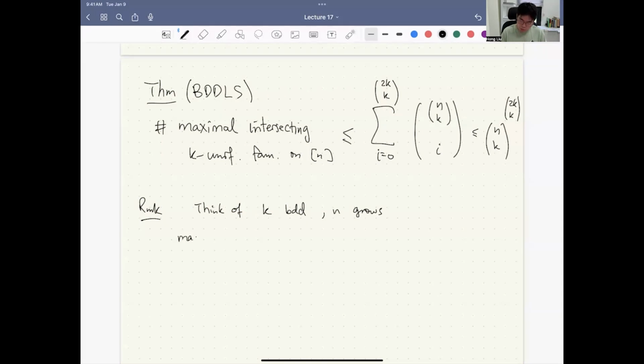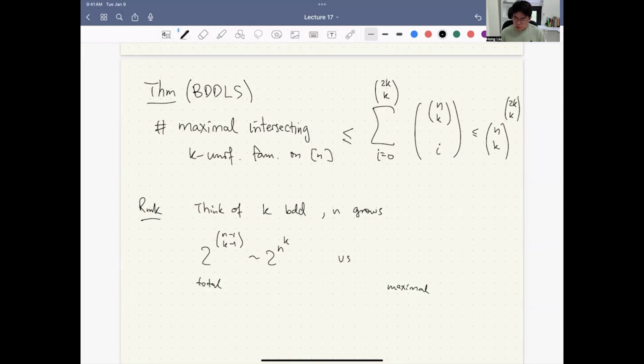Okay, then the maximum size, wait. So we have from the above theorem 2 to the n minus 1 choose k minus 1, right? This is roughly 2 to the n to the k, exponential in a polynomial of n. But what is this? This is total versus maximal.